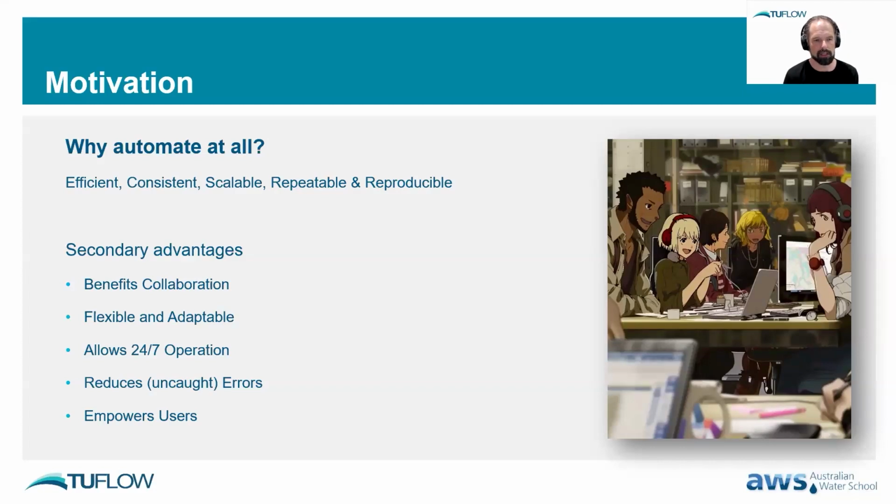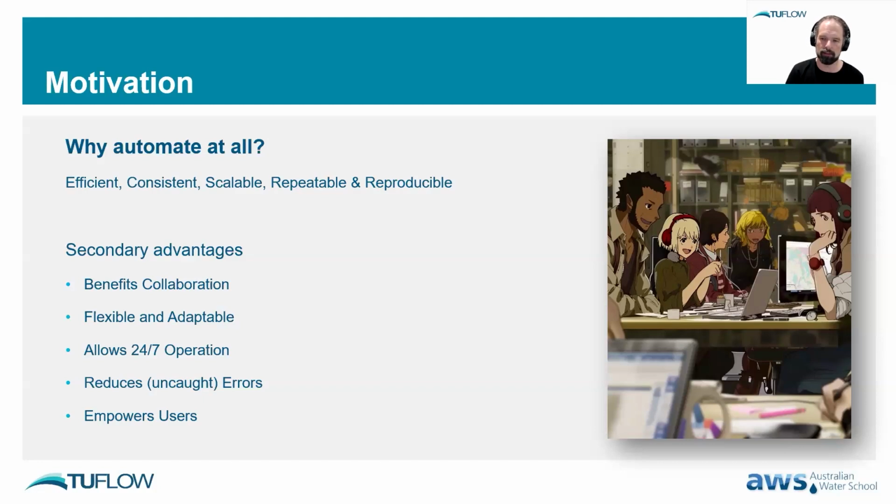Automation allows you to be operational 24/7. Your scripts will diligently run through the night, and if you write them well, they might even recover from some problems. They reduce uncaught errors, because the trick with automation is you can check for errors all the time, and you can check for errors you wouldn't manually check for because it's just too time intensive, but a script can do it on the fly.